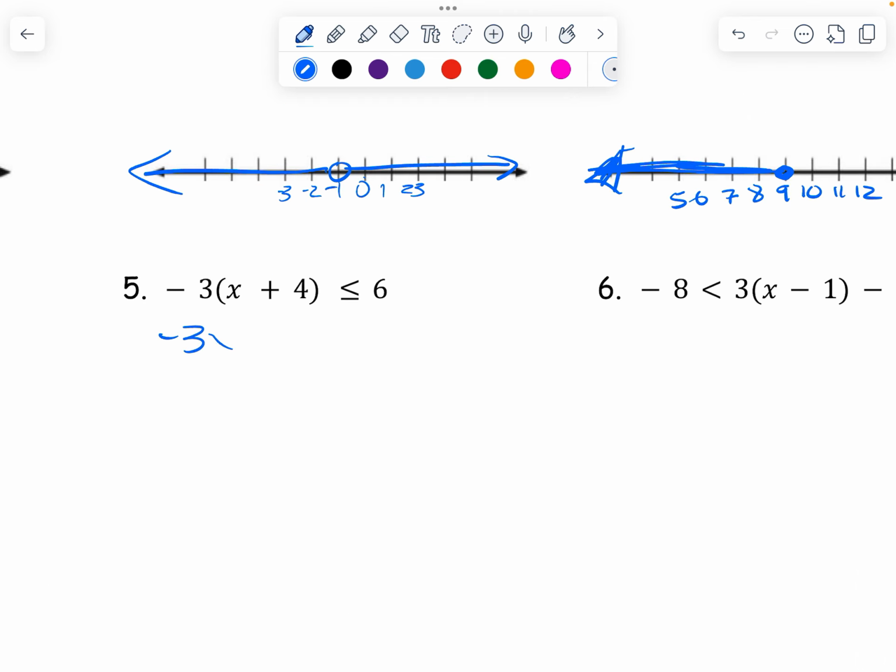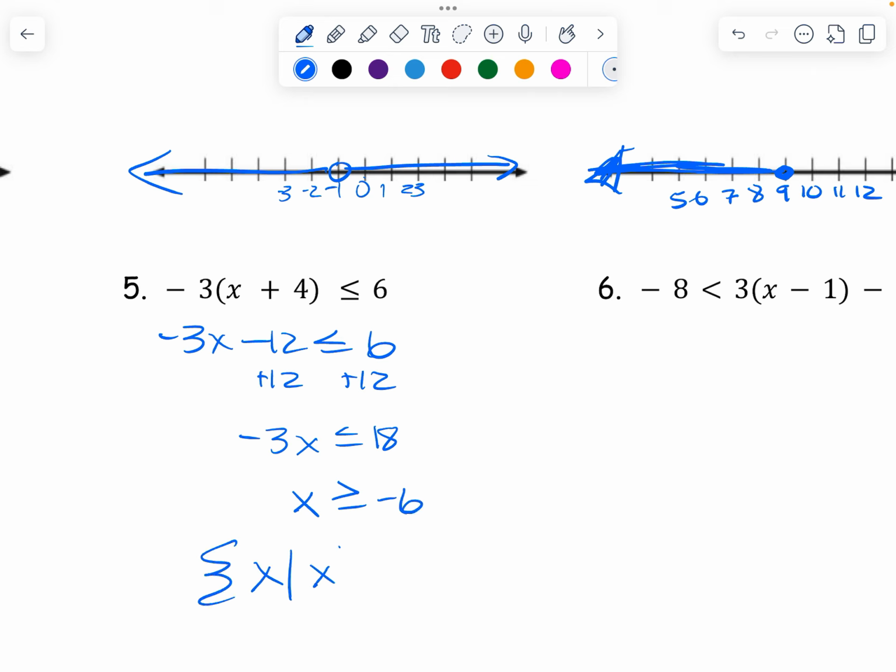So negative 3x minus 12 is less than or equal to 6. Add 12. Negative 3x is less than or equal to 18. X is greater than or equal to negative 6. X such that x is greater than or equal to negative 6.